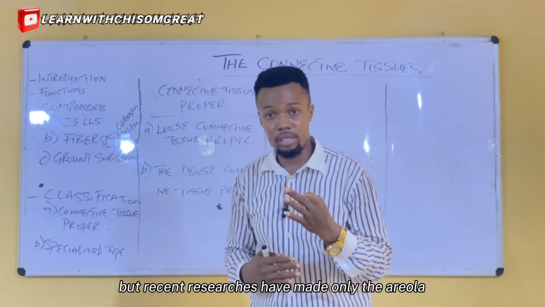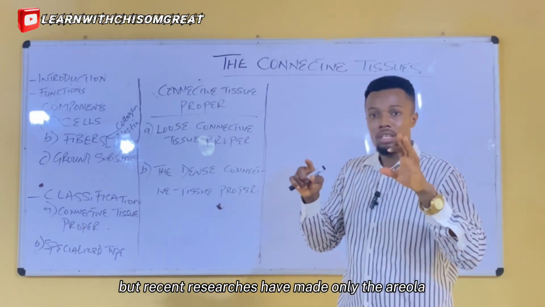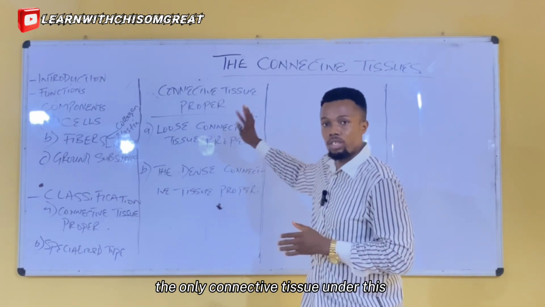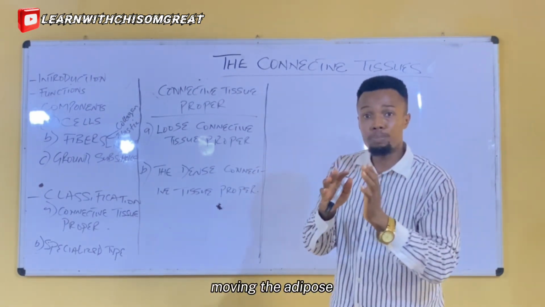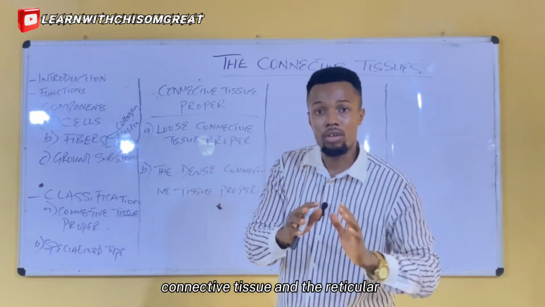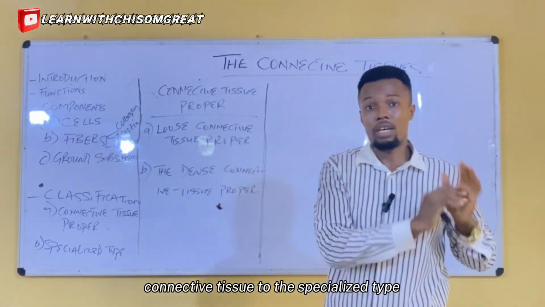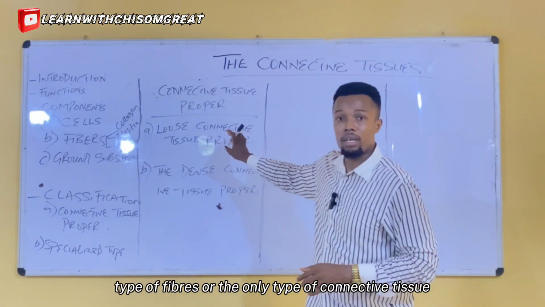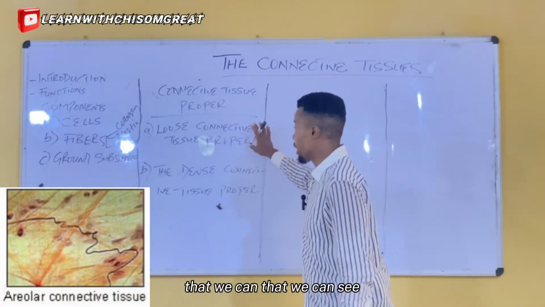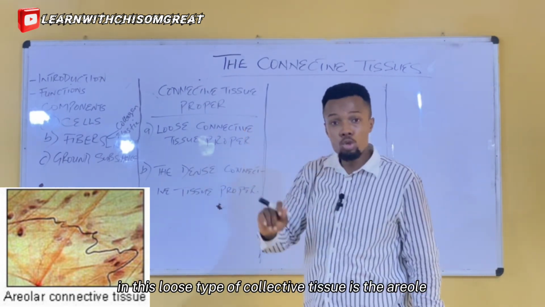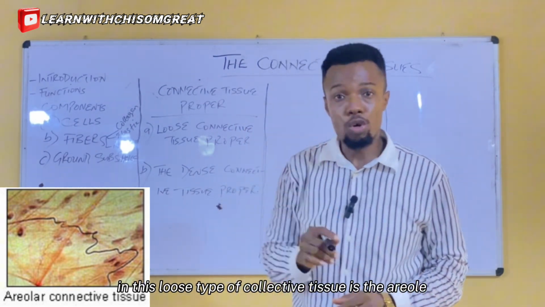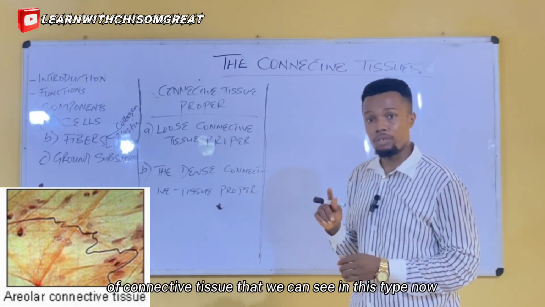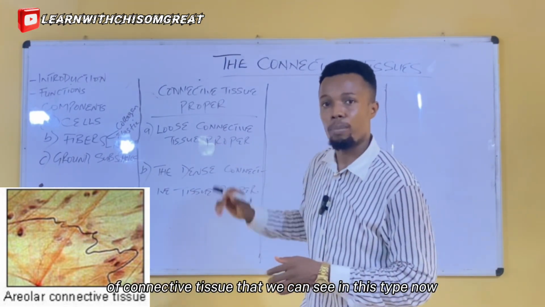But recent research has made only the areolar the only connective tissue under this category, moving the adipose connective tissue and the reticular connective tissue to the specialized type. So now the only type of connective tissue that we can see in this loose type is the areolar connective tissue.